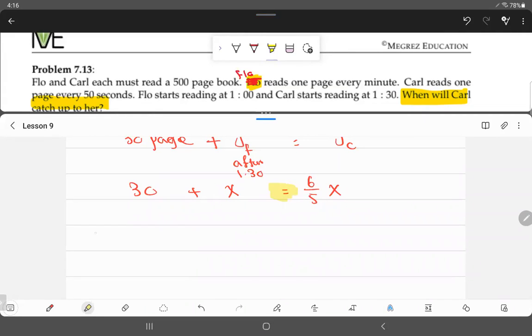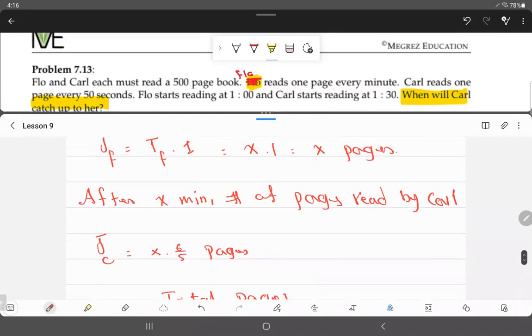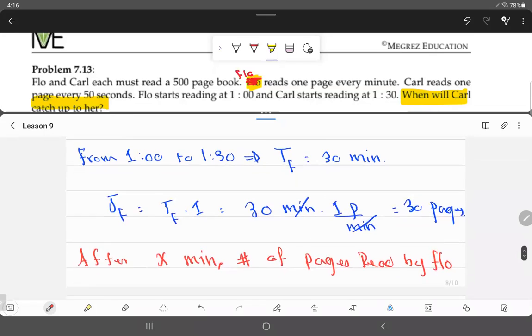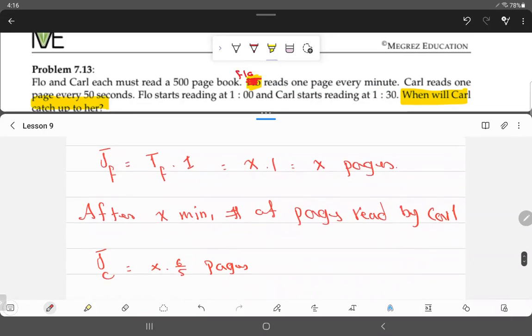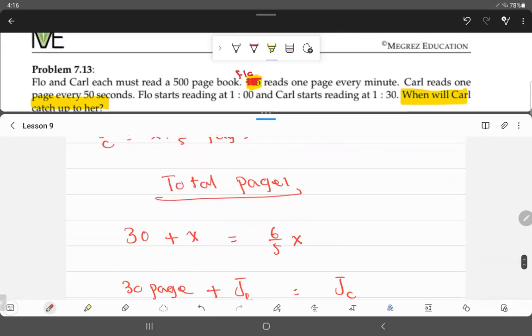Then we solve this to get the time. This is X pages. The time X, the time 30 minutes as well.